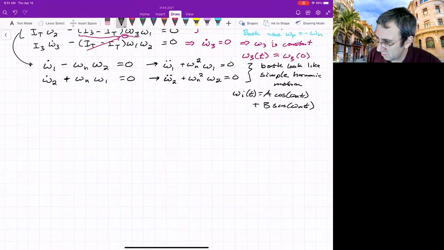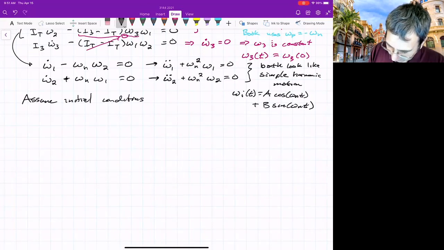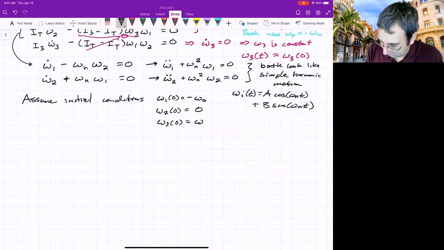So I'm going to pick some initial conditions to make this nice, just to make the equations look okay: omega 1 at time 0 is negative omega naught, omega 2 at time 0 is just 0, and omega 3 at time 0 is whatever I want to call it, omega 3.